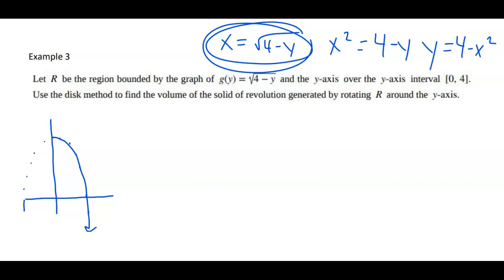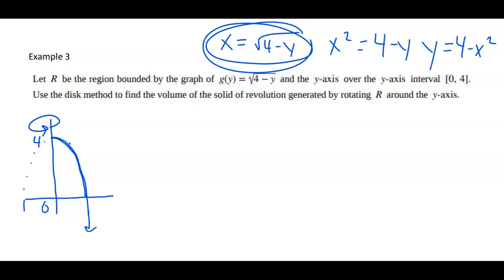And I want this region bounded by this function and the x-axis, and I'm revolving this way, and I want that to go from 0 to 4, which makes sense because when I have 0 for x, then my output is 4. So that makes sense here.